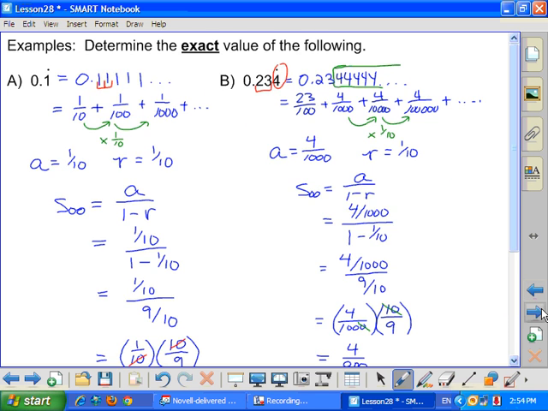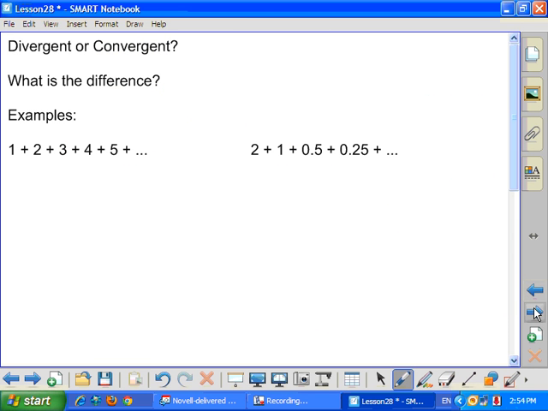So just flipping to the last example here. Divergent or convergent, what's the difference? So when you look at it, it's increasing in value. So if I was to ask you, what would the last number be?